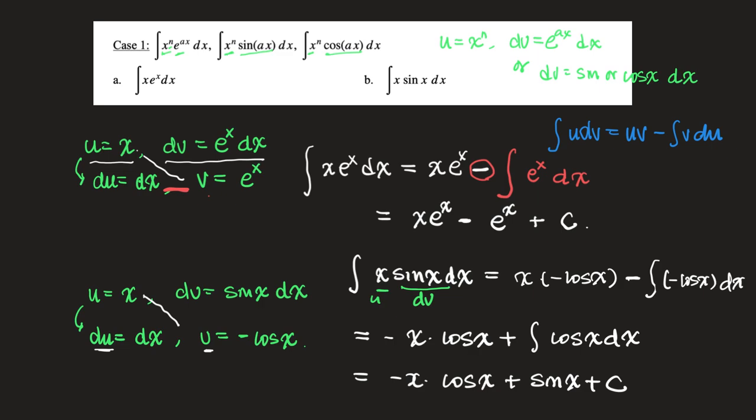So you're getting comfortable with this idea. Let's try another example. We did case one. Case one is a polynomial function times an exponential or sine or cosine. So let's go to the second case, guys.